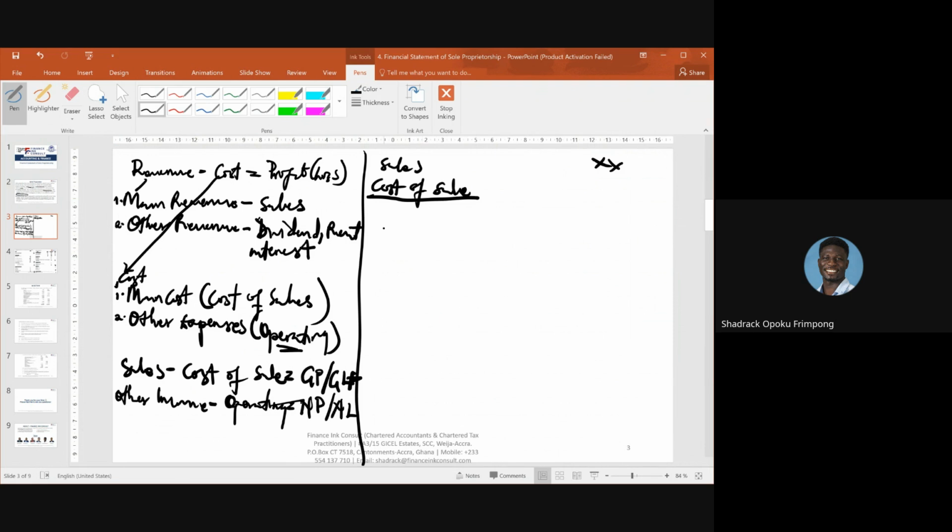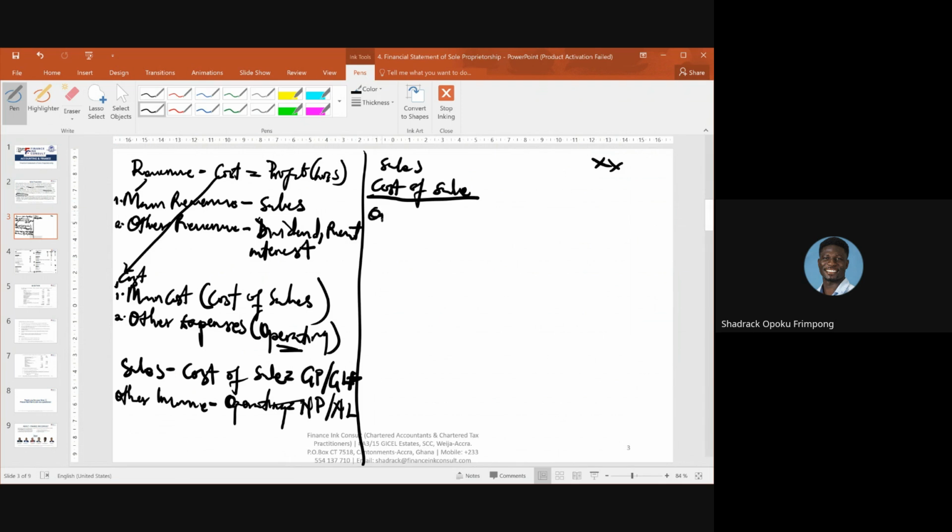Now, what happens is that before we make any sale or before we go out there to buy from our supplier, most likely we may have some goods with us. So at the beginning of today, we had some goods with us, and that goods is called what?